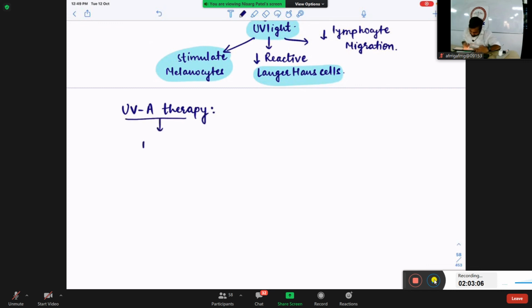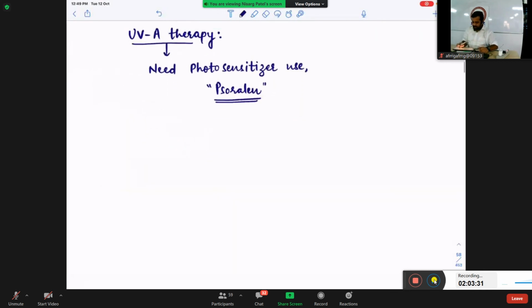To give this therapy, we need a photosensitizer. Generally what we have seen is, if we give Psoralen and then we give ultraviolet A therapy, it is more effective.